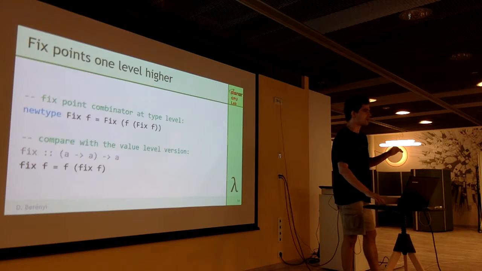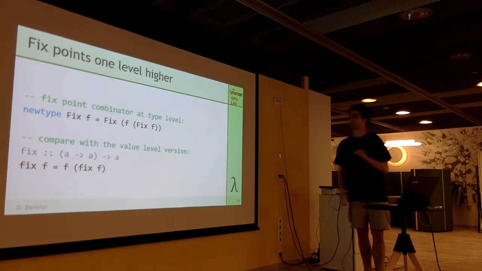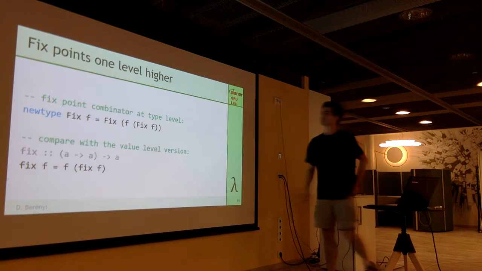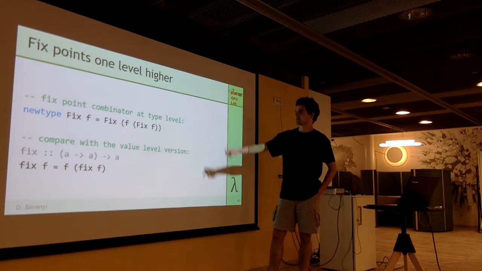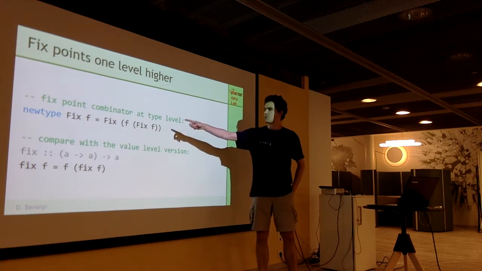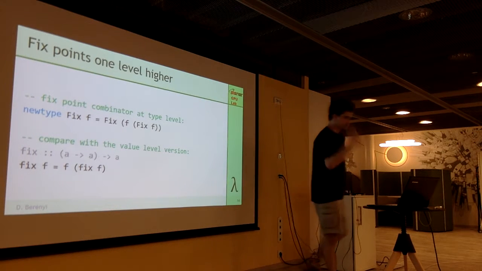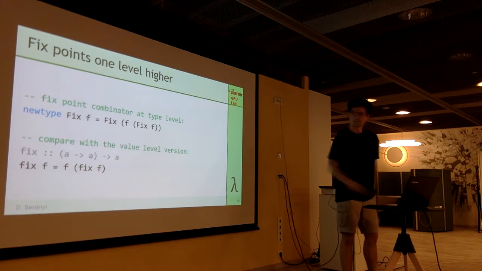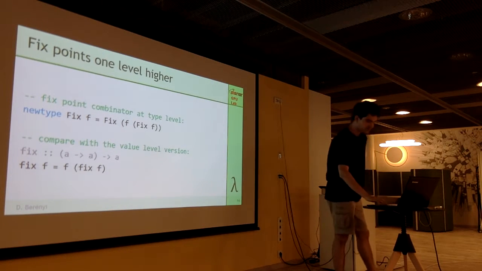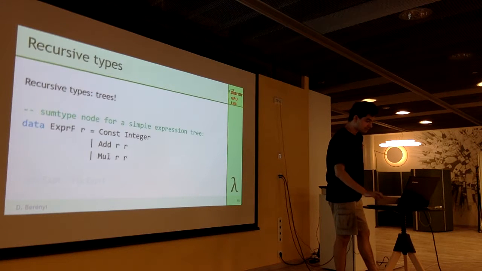Now, one level up, we are going to do it at type level. The syntax is really similar. We now have a type constructor that applies itself one time, and what it takes is really just another type that could be fed into itself. You can see the similarities compared to the value level.